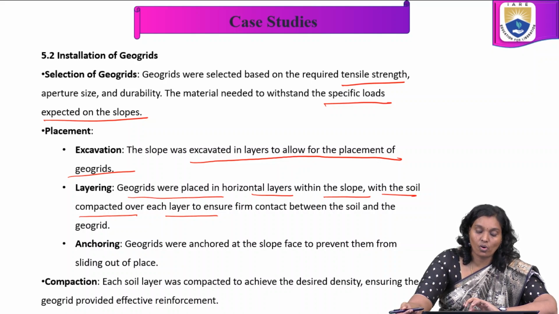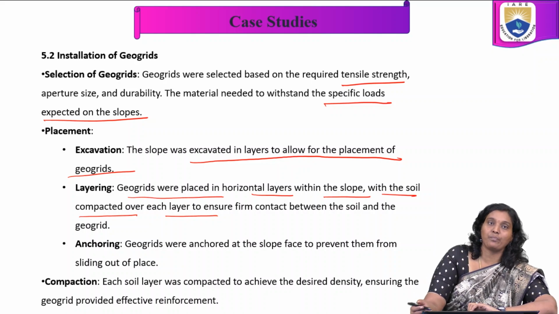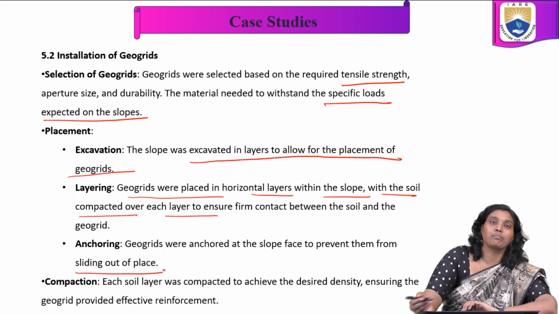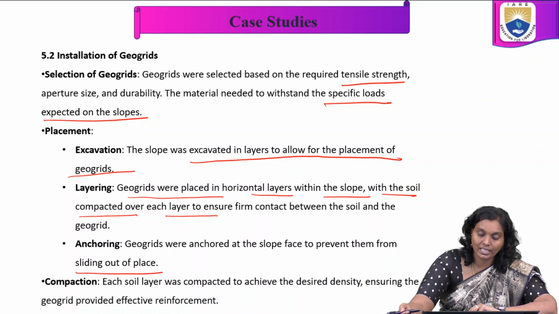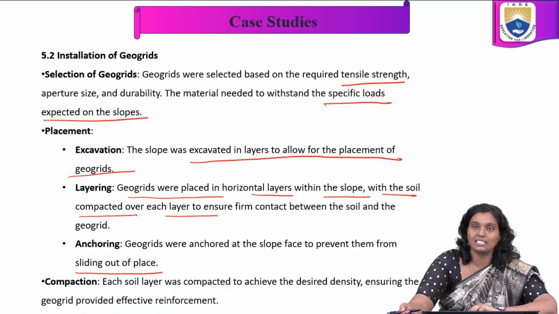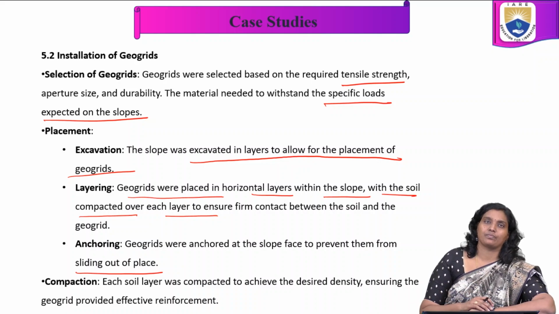In anchoring, geogrids were anchored at the slope face to prevent them from sliding out of place. As a compaction parameter, each soil layer was compacted to achieve the desired density, ensuring the geogrid provided effective reinforcement.